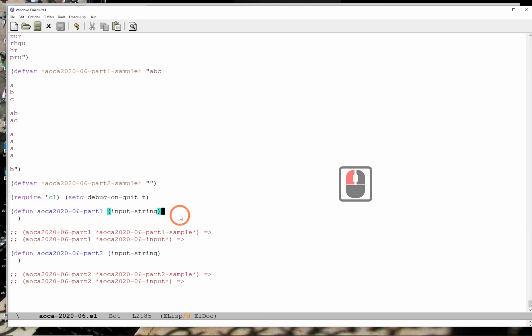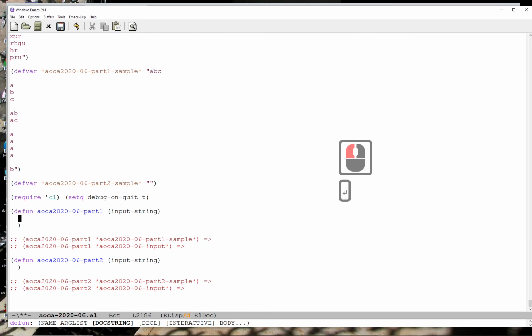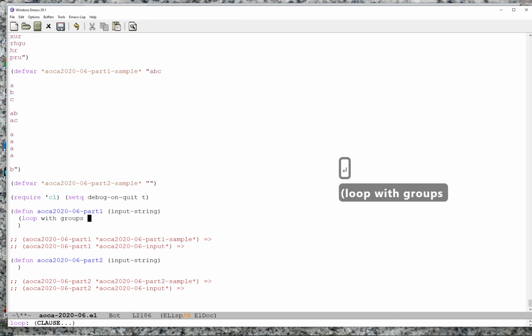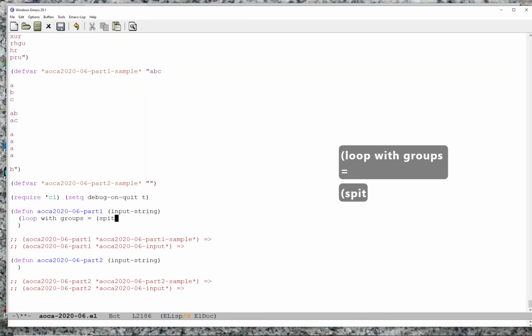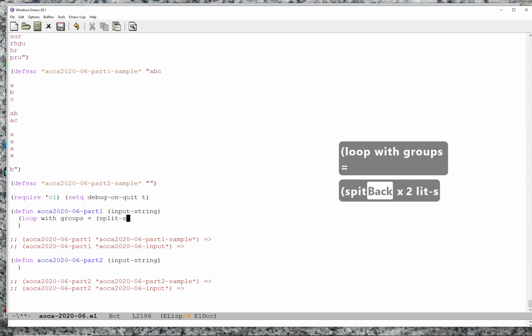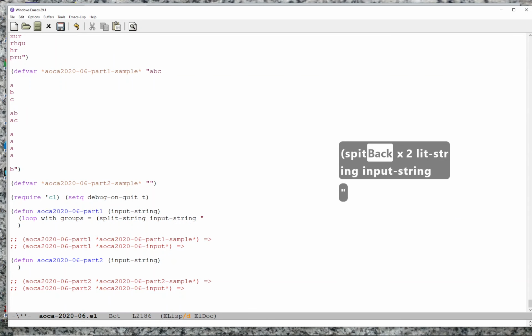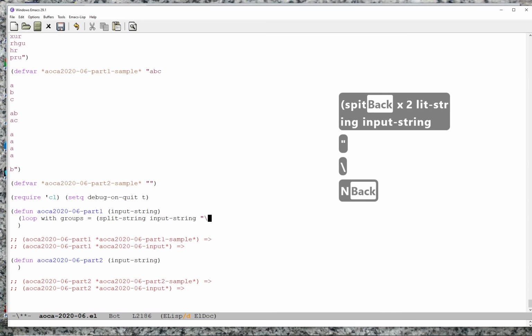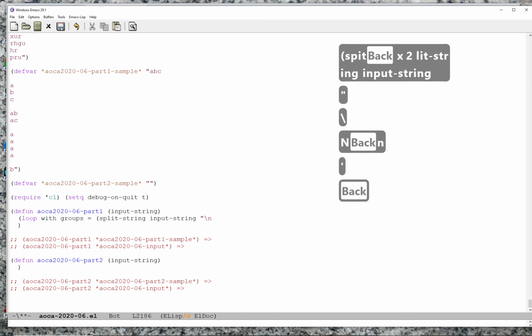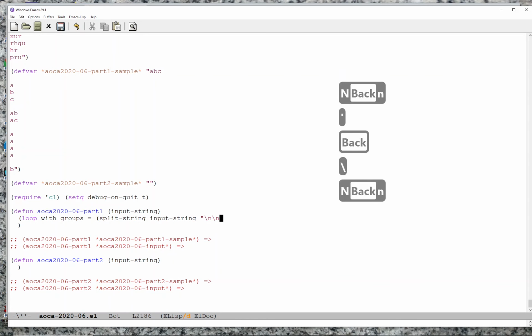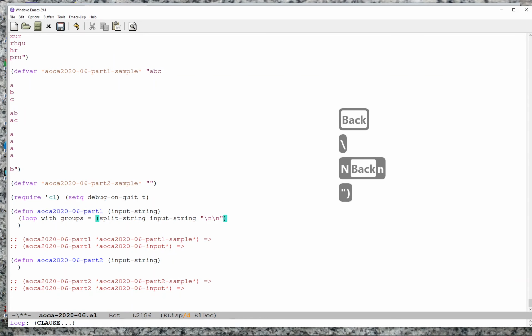So again, we're going to loop with groups equals split-string input-string with 2 newlines. So a blank line in between.